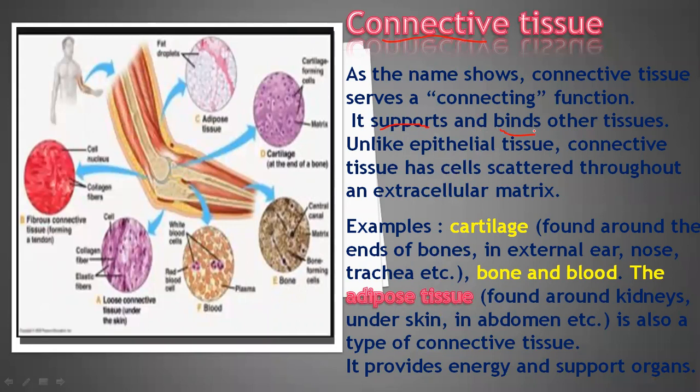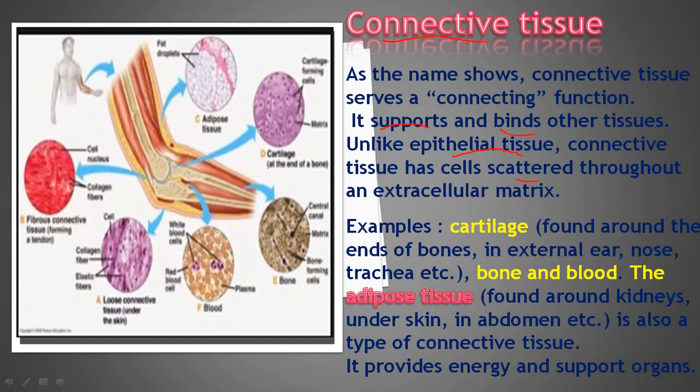So how do they perform the function? What are the examples we'll talk about here? Epithelial tissues cover the lining and give protection, but connective tissue has cells scattered throughout an extracellular matrix.